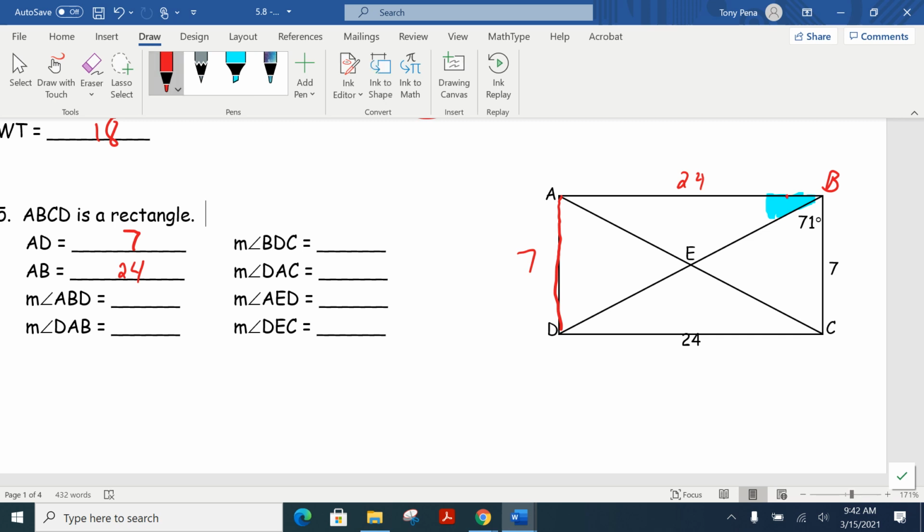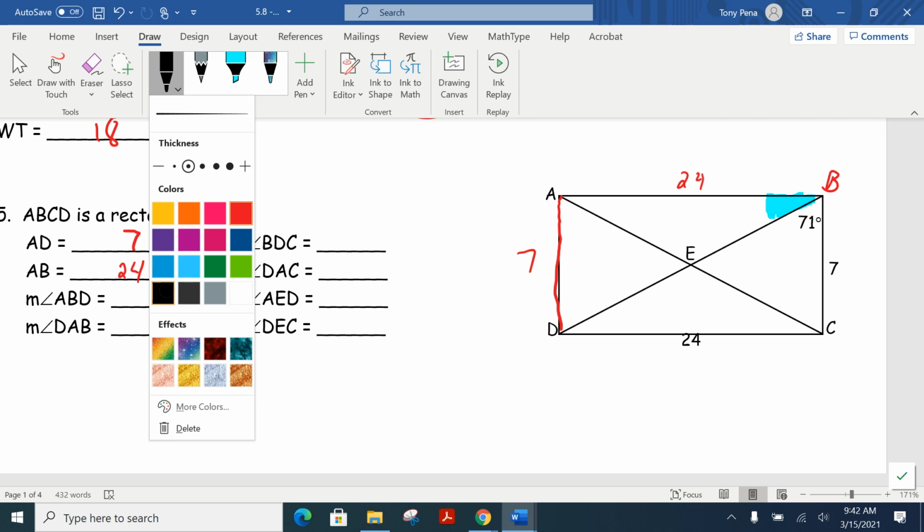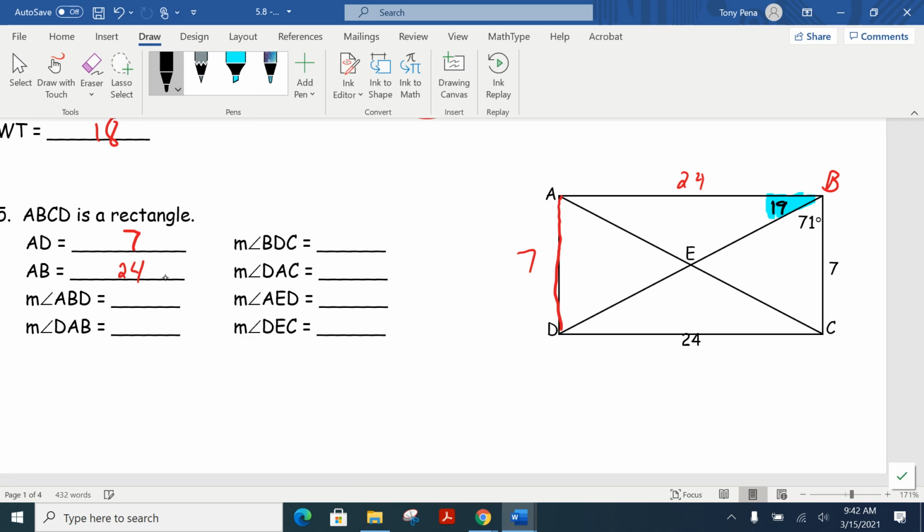So this full angle up here has to be a 90-degree angle. If both of those angles add up to be 90 degrees, and we already have 71 degrees of it, then this little missing angle in here, the only thing that could possibly be is 19. So this has to be a 19-degree angle. And then we can now label that one.